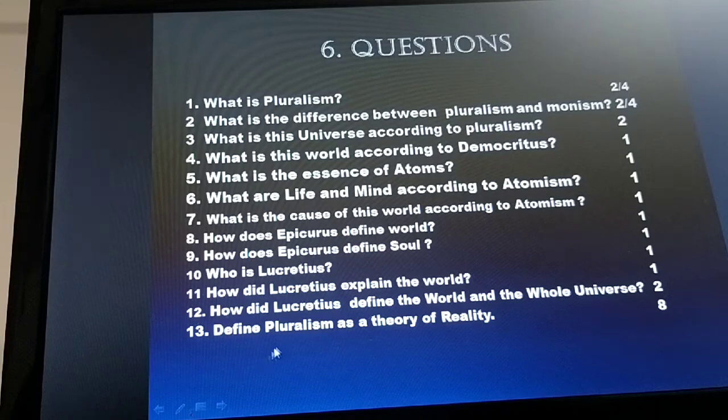And this pluralism may also come for essay type questions for 8 marks, like this: define pluralism as a theory of reality. Like this, we may discuss these questions, and we can prepare them for the purpose of examinations. Now, let us finish here for today.